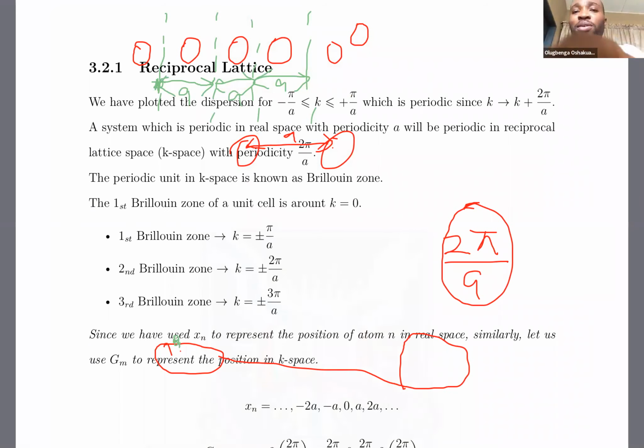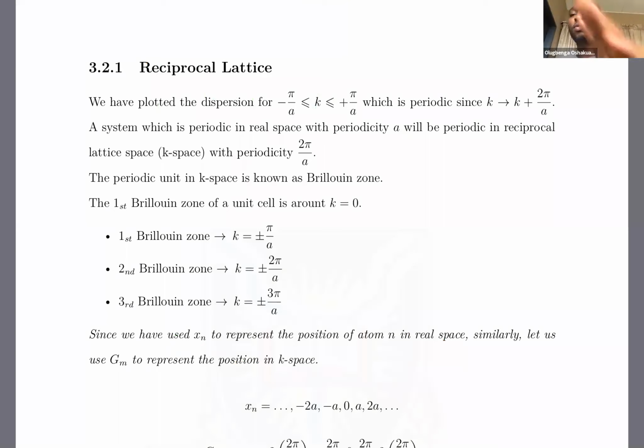So far, we have been talking about atoms and their distance of separation, but now, from our dispersion relation curve, we have a graph moving from minus pi over A to plus pi over A. That is like a proof that there is a particular world, just like we have our real space with periodicity A. In the reciprocal lattice space, or K space, the periodicity is 2 pi over A. And the name reciprocal: the distance is A, but here we have a constant divided by A, so it's like a reciprocal of length.